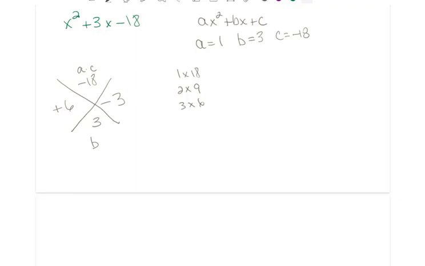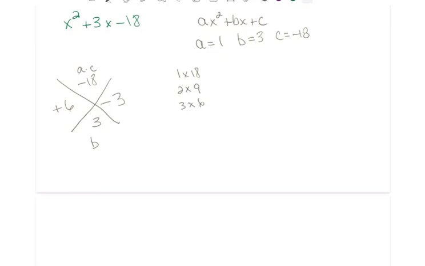So ultimately what we're really doing, since our a is 1, we don't have to use the box method because there's nothing out front to factor out, because out front is already a 1. So this is giving us our factors.